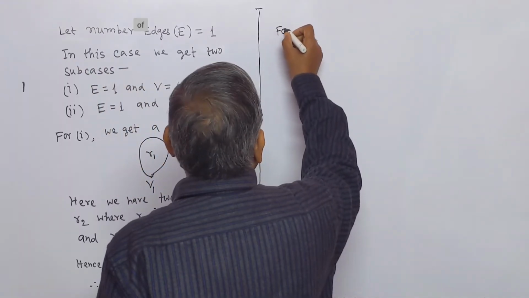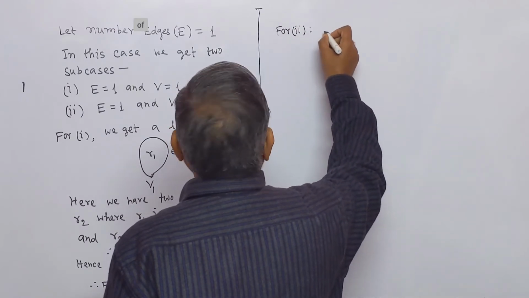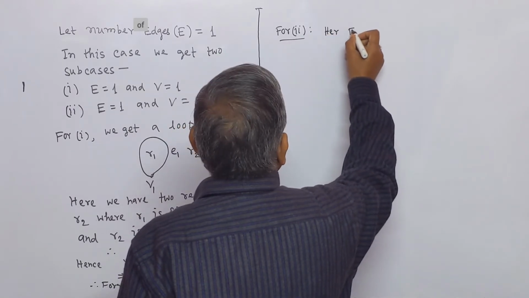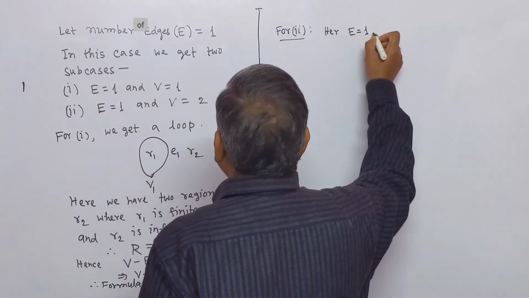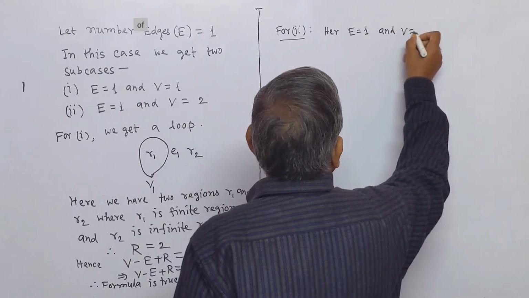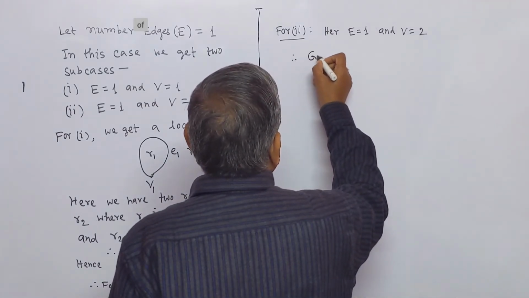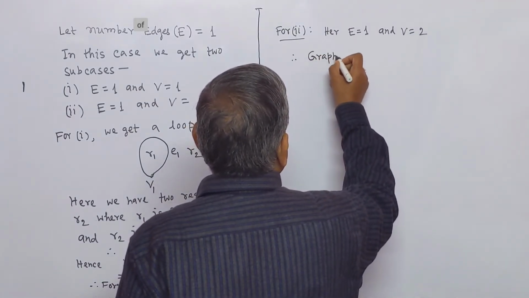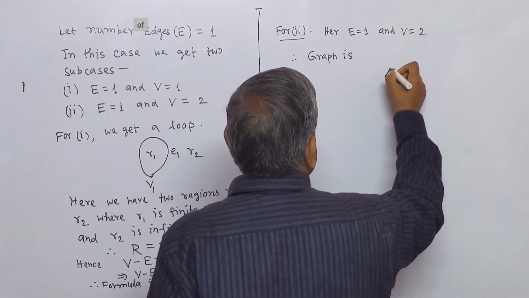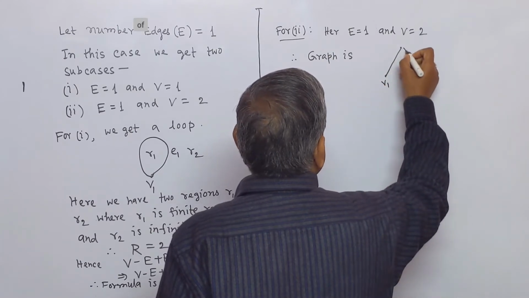For subcase 2, here E equal to 1, number of edges 1 and V equal to 2. Therefore, graph is this, this is V1, this is V2.